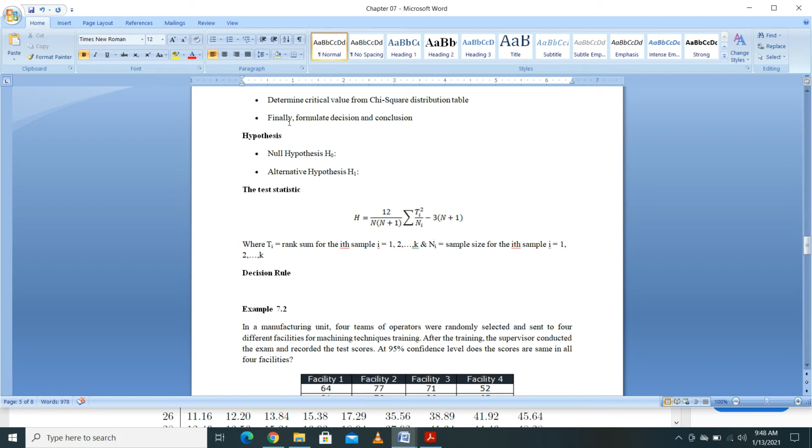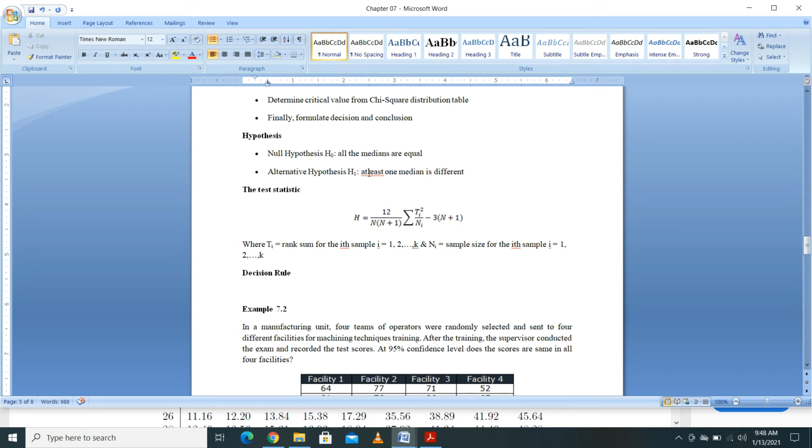Since we are going to apply this when you have more than two samples, you can take as the null hypothesis that all the medians are equal, and as your alternative hypothesis, at least one median is different from the others.